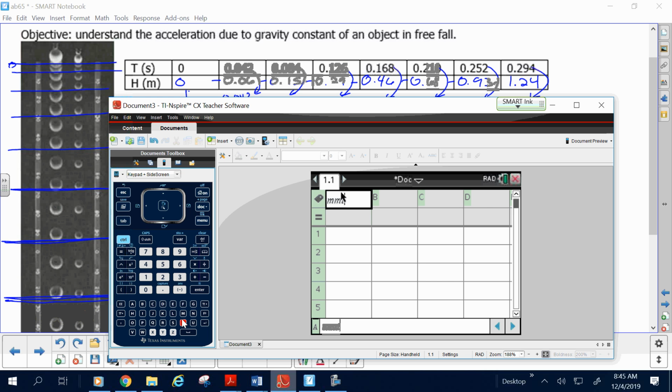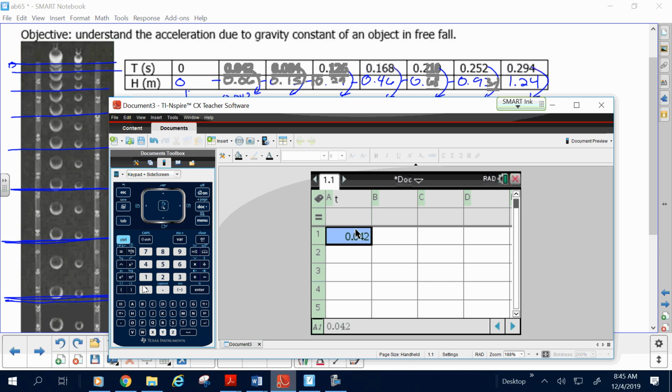Would you put in the times? 0.042? Oh, yeah, we now start at 0 and come down.